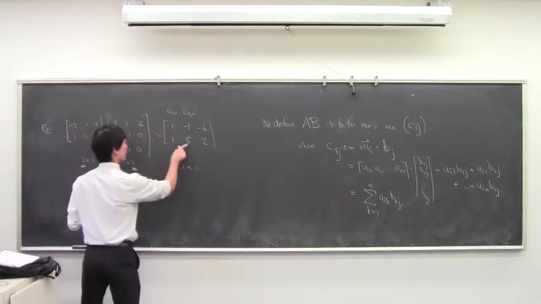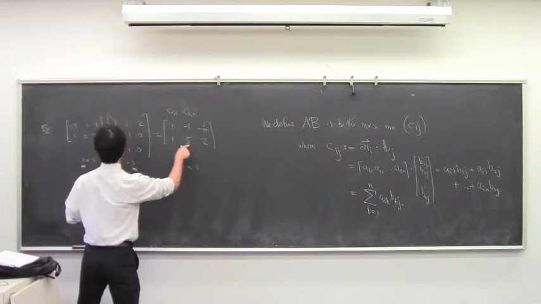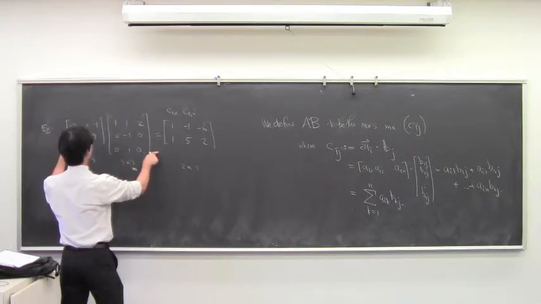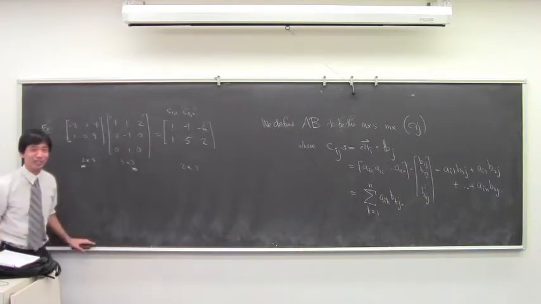Because you're looking at the 2, 2 entry, so you're going to take the second row against the second column. So that's fine.